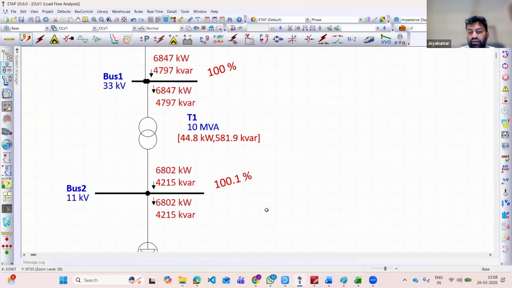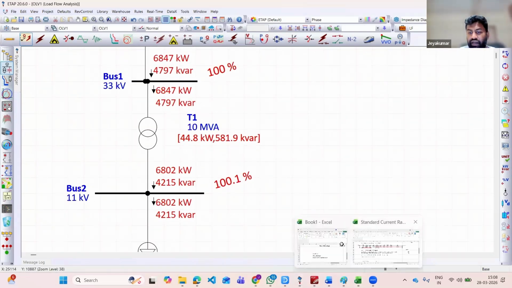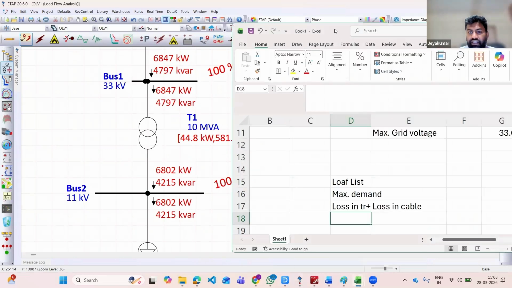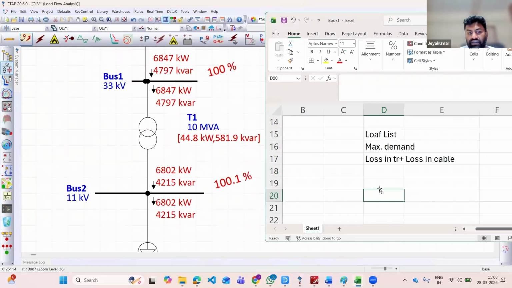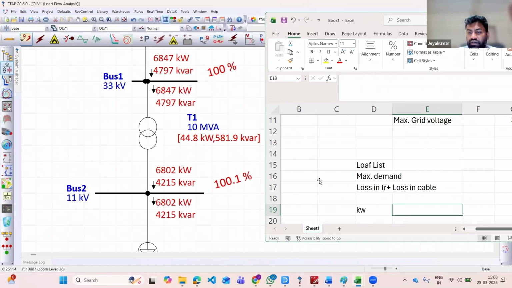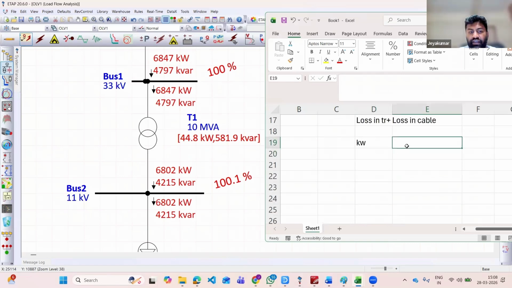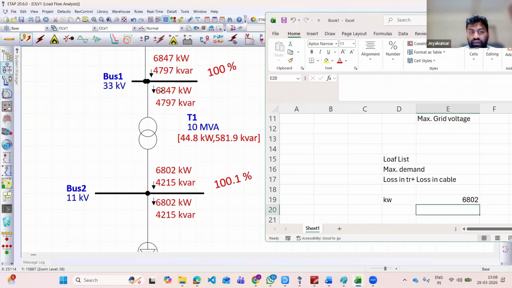Let's do that quickly so that you can understand how the transformer size is calculated. So here the kilowatt you are getting is 6802.